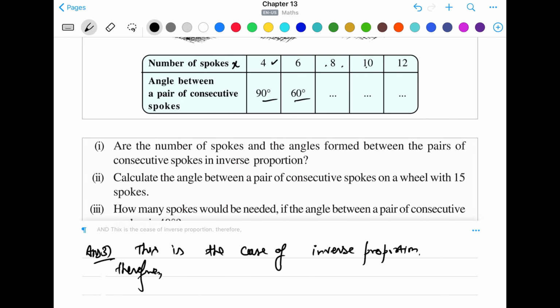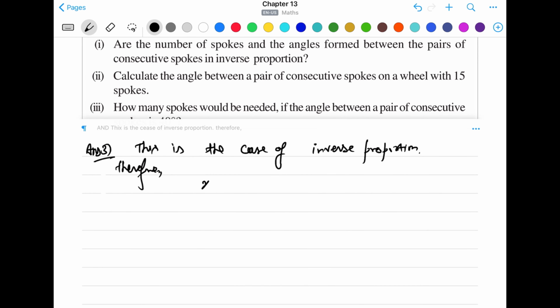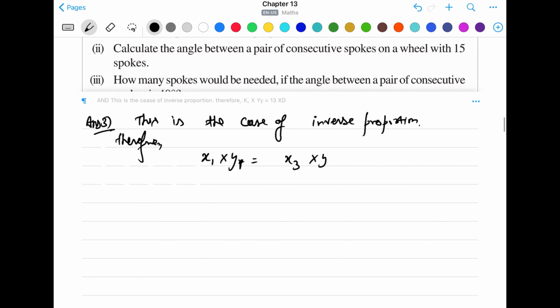So considering these values as x and these values as y, this will be x1, x2, x3, x4, x5, and similarly y1, y2, y3, y4 and y5. So we can use x1 into y1 equals x3 into y3. We have x1 given to us, which is 4, y1 is 90, equals x3 is also given, which is 8, and y3 we have to calculate.